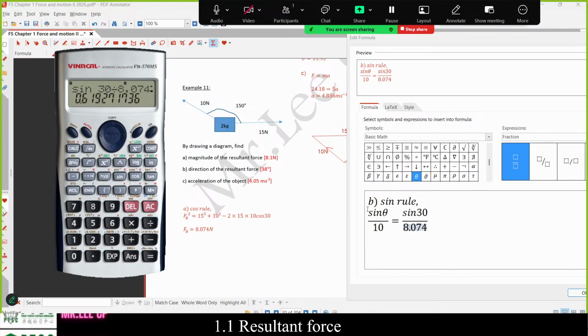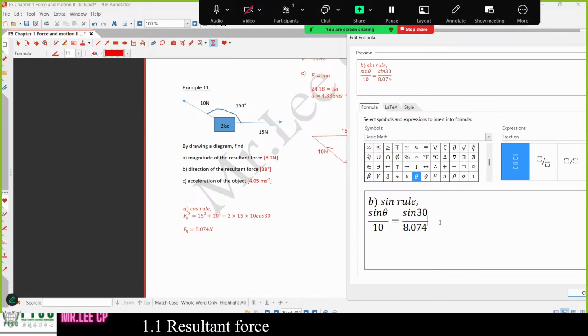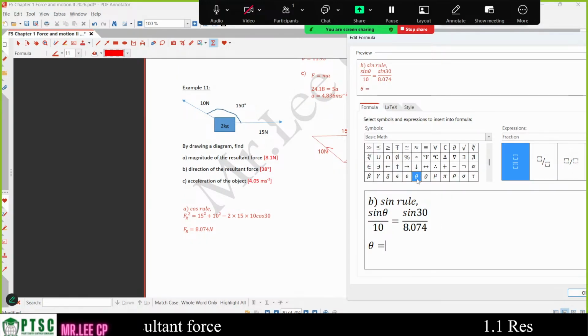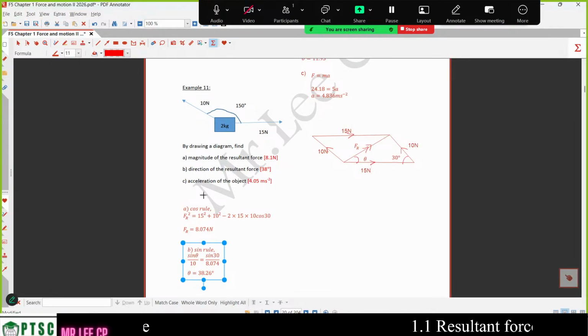Then shift sine, 38.26 degrees. Theta, the angle will be about 38 there.